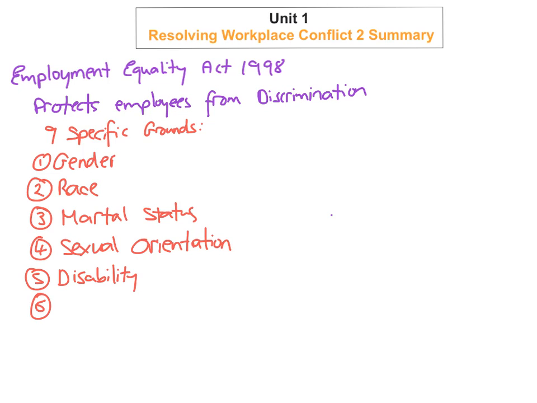The sixth one is discriminating against somebody because they're a member of the travelling community. The seventh one is because of their family status.